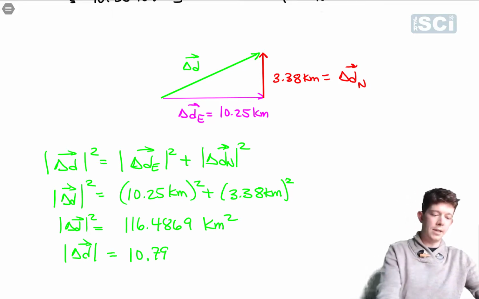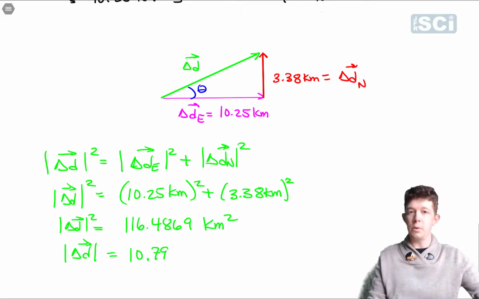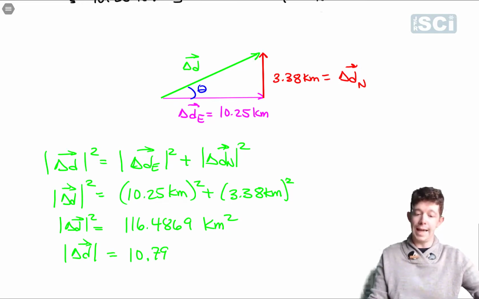Now, I need to determine the angle, theta. So again, just like we did before, I'm going to use the trigonometric ratios, and in this case I'm using tan.